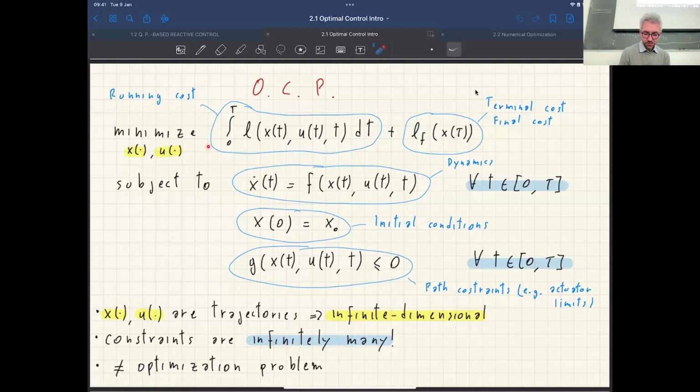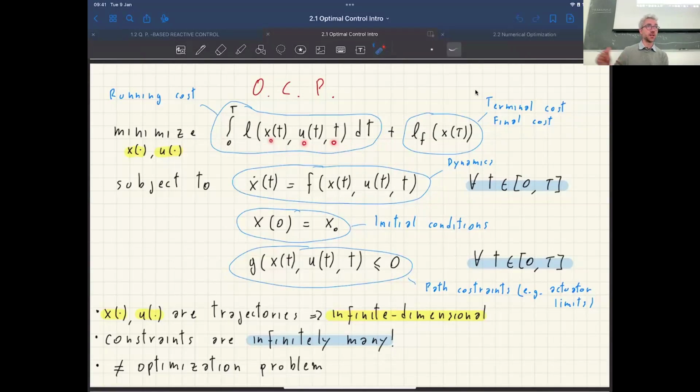The cost function is composed of two terms. The first one is called running cost, and the second one is called terminal cost or final cost. The terminal cost depends only on the final state, x of capital T. Whereas the running cost is an integral of a function that depends on state, control, and time in general.